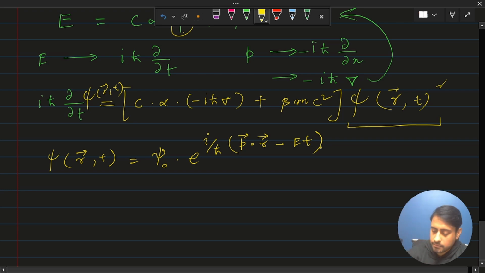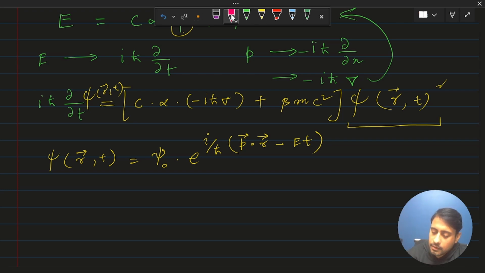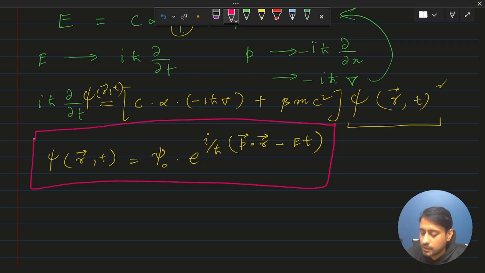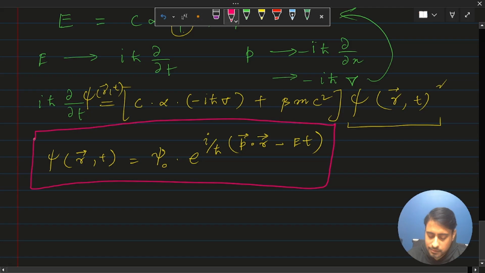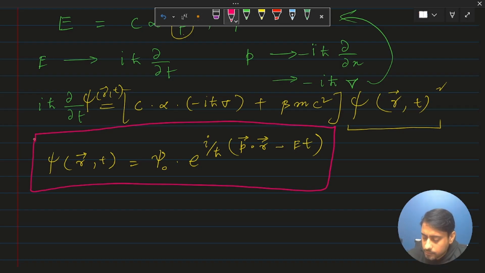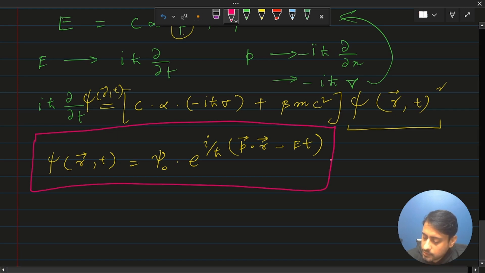Now you can think why this kind of expression has come. Let's not just think that we are putting anything from our memory, or what we already have done. I think we have not written the wave function like this from lecture 1 to lecture 3.